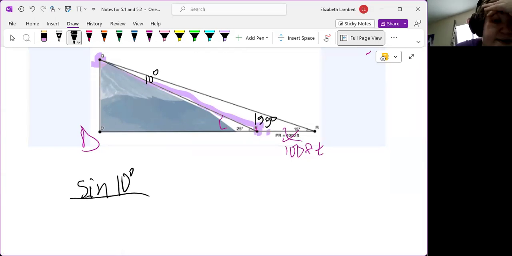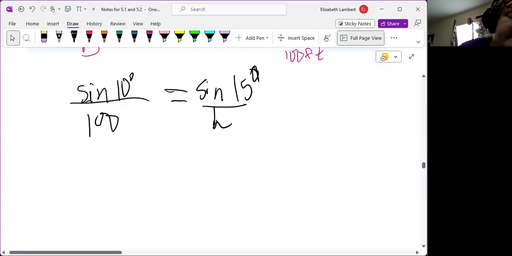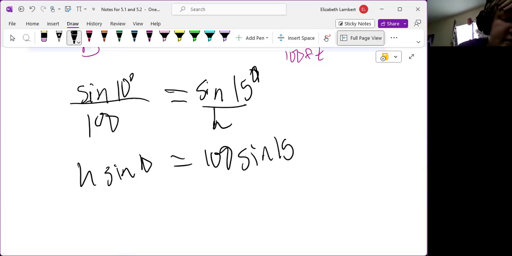So I have that the sine of 10 degrees goes with 100. Equals the sine of 15 degrees to unknown quantity, so I'm just calling it h again. So h sine of 10 equals 100 sine of 15.